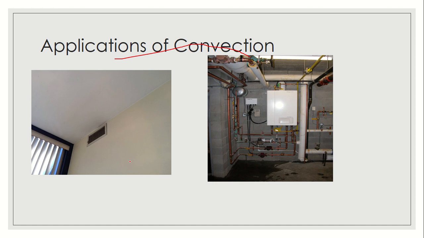So the warmer air will rise up and go out through the ventilators, and the colder, fresh air will come down. This is one of the examples of convection in real life.